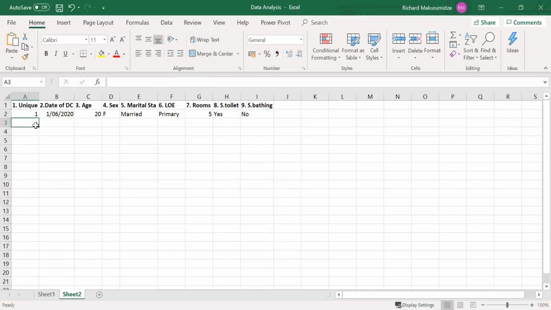I go again and get the next questionnaire, number 2. I enter the date, maybe the same as this one. Then age, this one was 35 years, maybe male, and single.